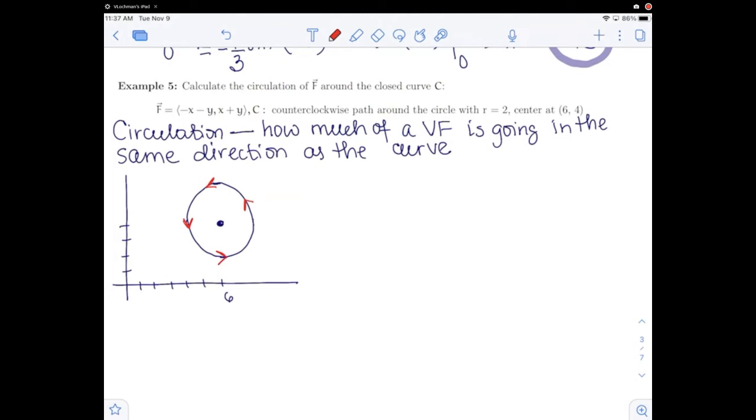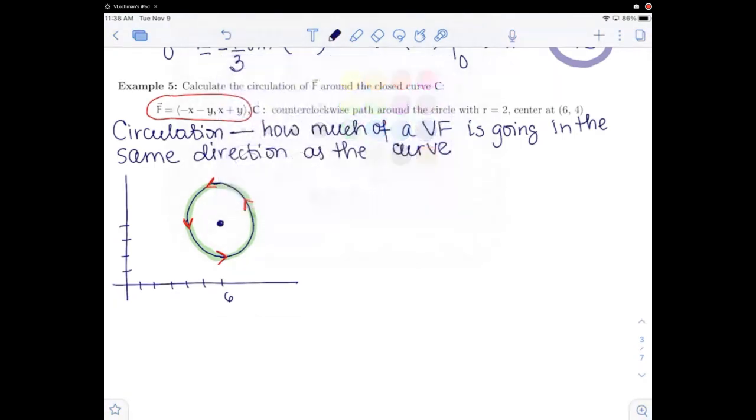Well, the question is, what's the behavior of this vector field along this curve? Along this curve that goes counterclockwise, is most of the vector field going in the same direction, or is it going against that? Okay, so that's your circulation. It's the amount of the vector field going in the same direction as the curve.